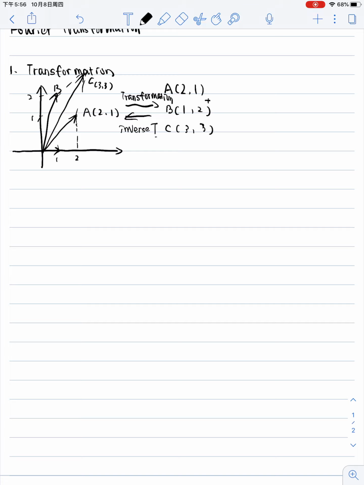Okay, and in this coordinates we have something. For example, we have EX and EY, and they are called an orthonormal basis. We can use two vectors to represent any vector in one coordinate system.